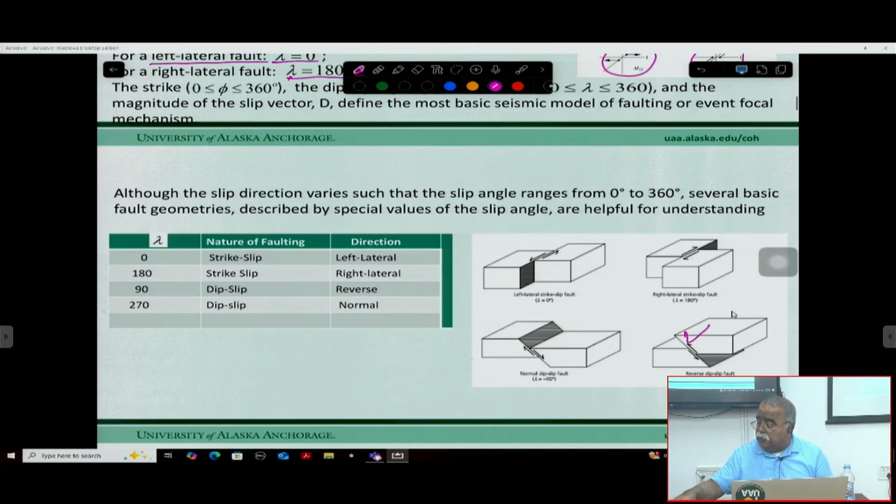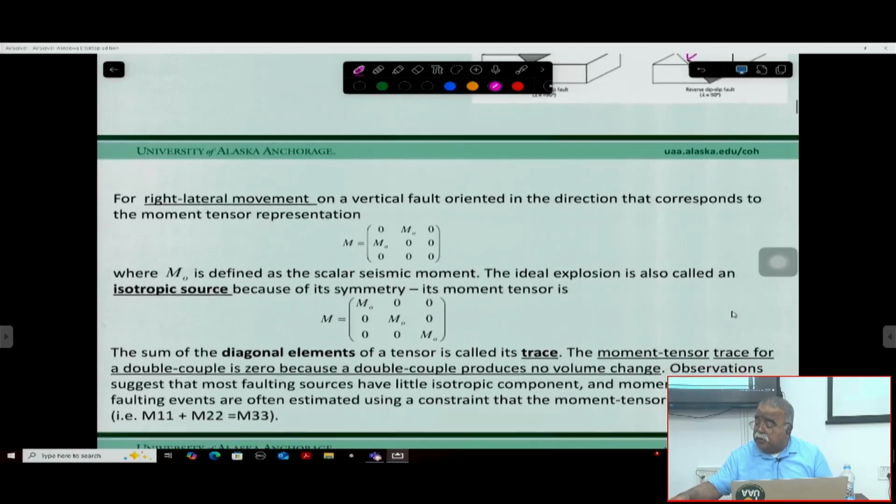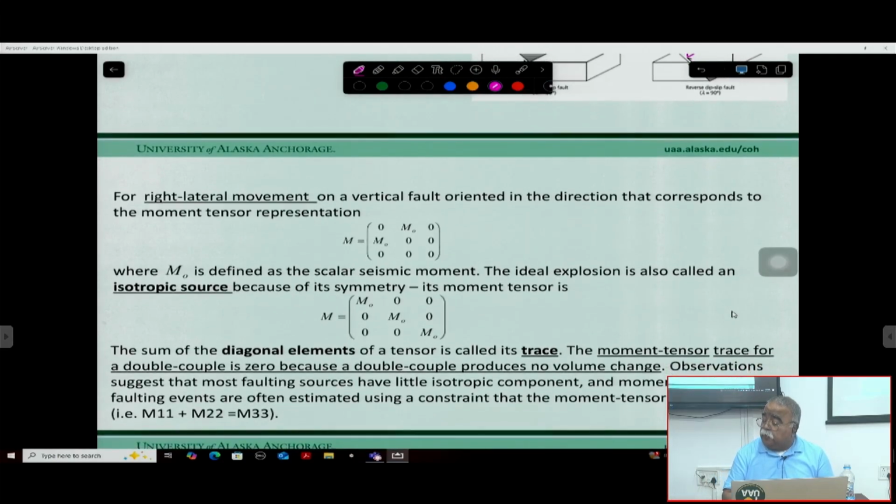I should not repeat that nomenclature. So if it is a right lateral movement on a vertical fault orientation, this is your M0 and M0, right?